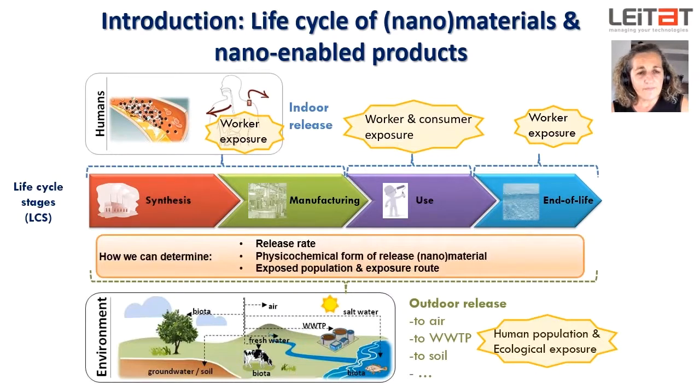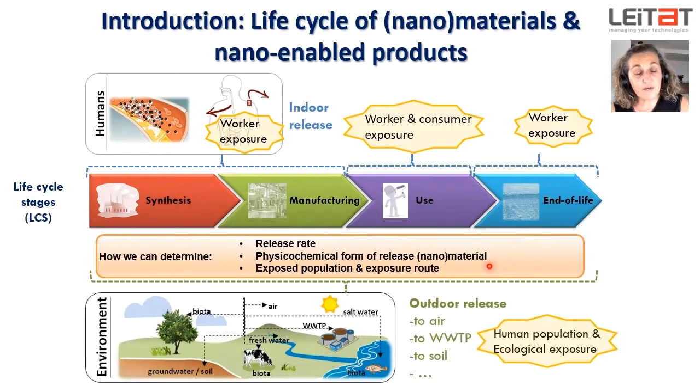Then how can we determine these releases along the life cycle? So we have to come up with the release rate, and we have to determine also the form of release.